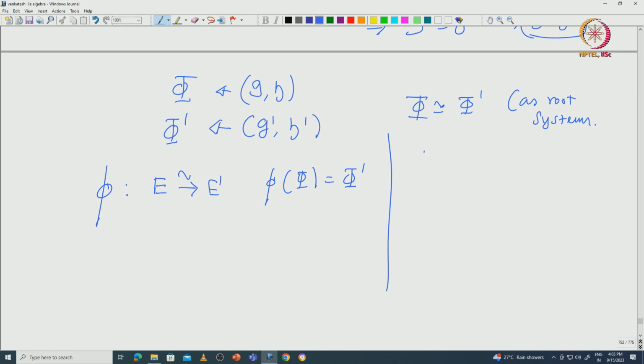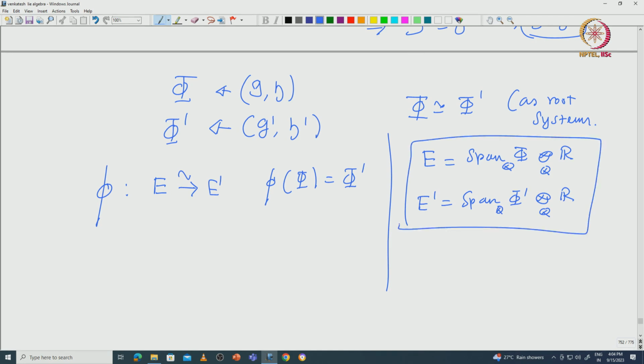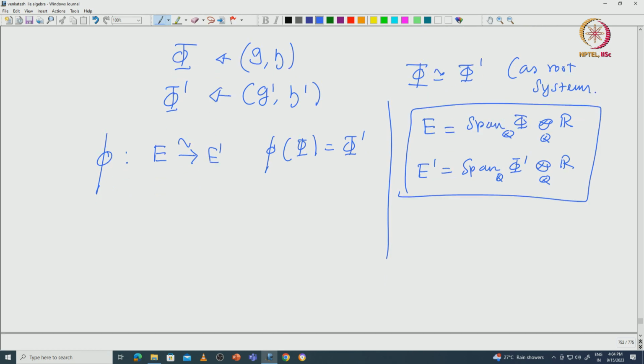Now recall what capital E is. Capital E is nothing but you take the span of phi over Q and then tensor over Q with R. And similarly, E dash is the span of phi dash over Q tensor with R. These are the definitions of E and E dash. Now this pi need not be an isometry. That is an important point.